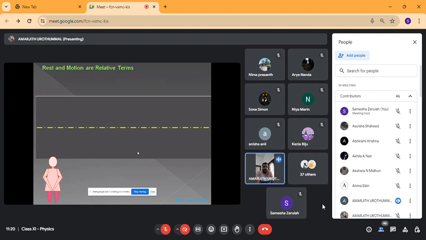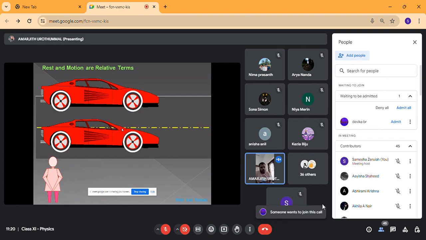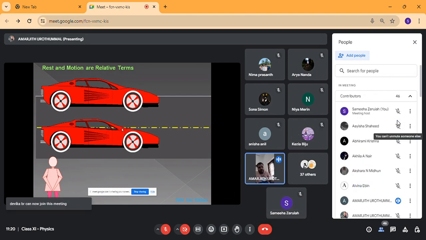This car is in motion with respect to that man. Now we bring a second car. This car is also in motion. Now we have both cars. This upper car we can call A, and this lower one we call B. Both the cars will move. So with respect to that person, will both cars be in rest or motion? Motion.